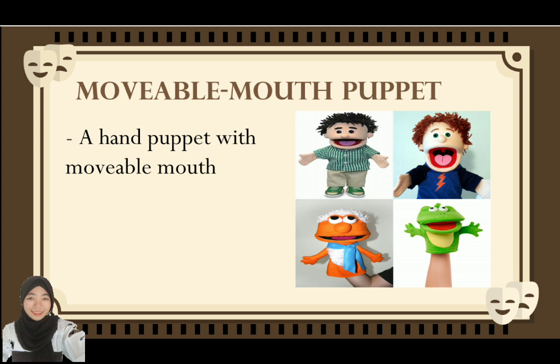These features make the puppet more expressive and lifelike, allowing it to mimic actions like speaking or eating. The puppeteer can sync the puppet's mouth movements with dialogue or emotions, making the performance more engaging for the audience.